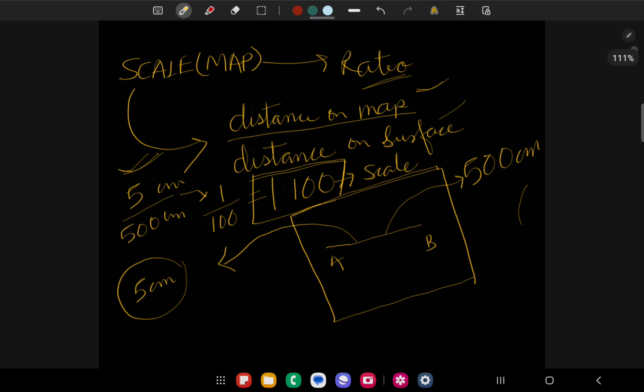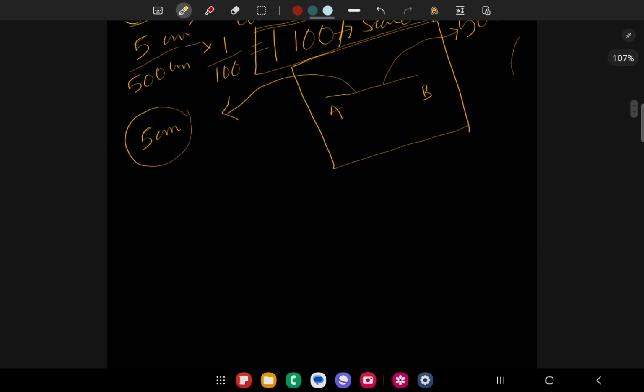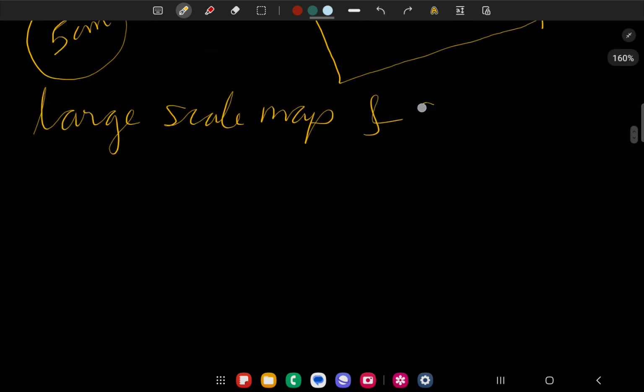Let's continue with further properties of this. So we find something like this: large scale map and small scale map.